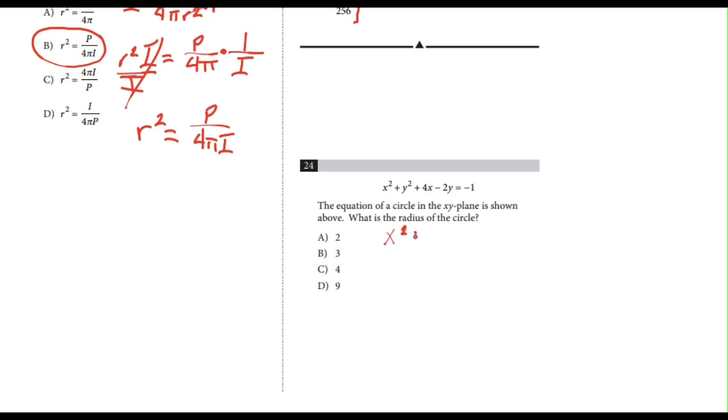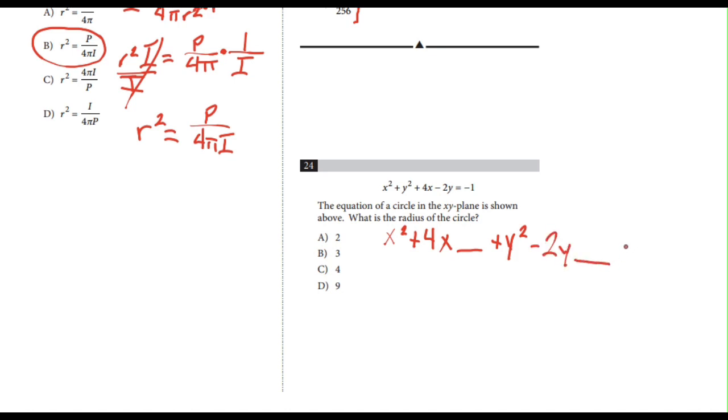So we have x squared, and we're going to reorder this so that the x's are together and the y's are together. Plus 4x, we're going to leave a space, plus y squared minus 2y.